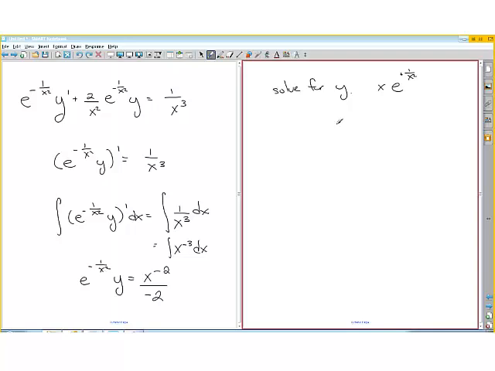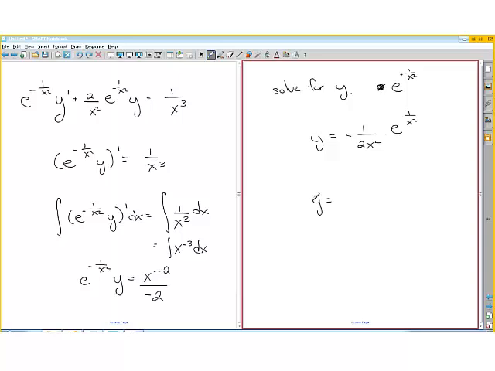So these go to 0. So what happens is the left-hand side just becomes y. On the other side, we get negative 1 over 2x squared, because I'm going to move that to the denominator, times e to the 1 over x squared.